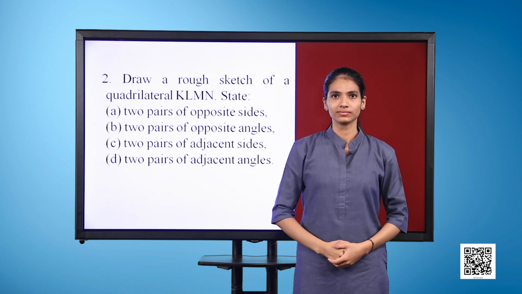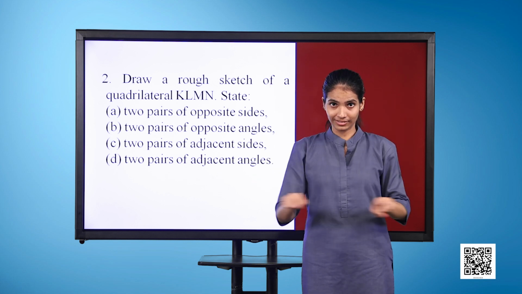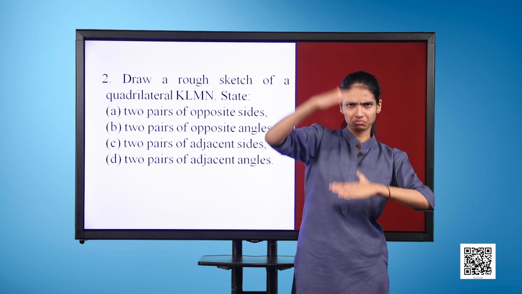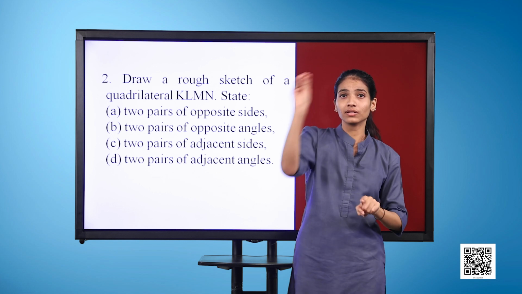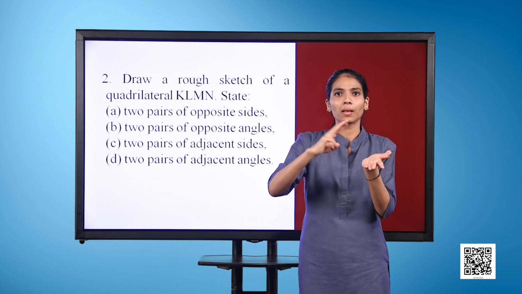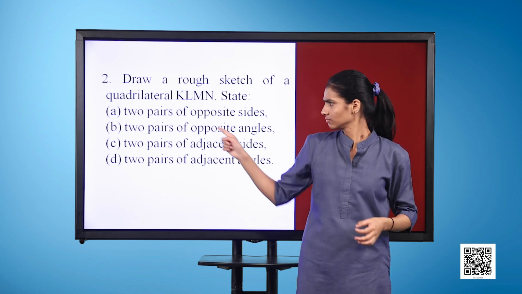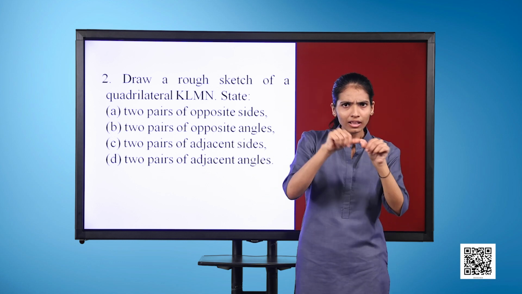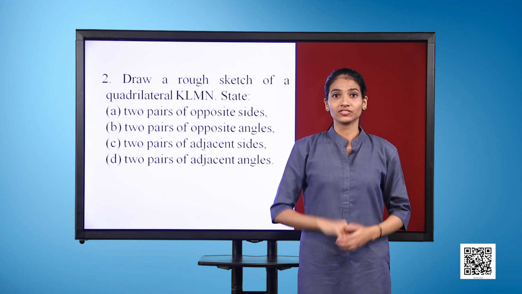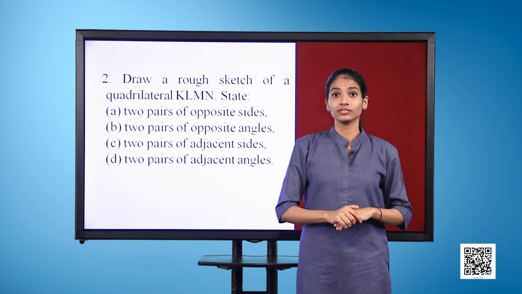2. Draw a rough sketch of a quadrilateral KLMN. State A. Two pairs of opposite sides.